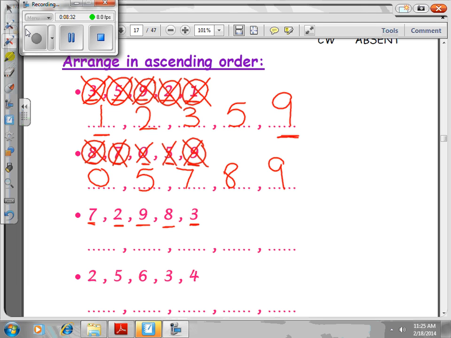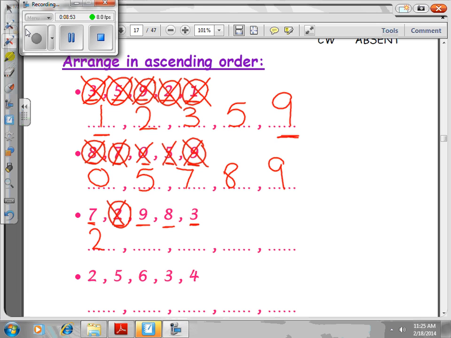Is it 7 or 2 or 9 or 8 or 3? The smallest number here is number 2. Yes, this is the smallest number here. So I will write down 2 and cross 2.